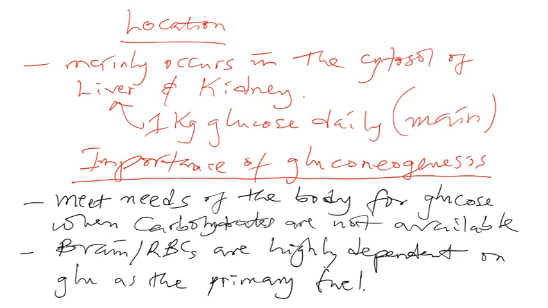So it's very important for the cell to get the glucose because the brain and also the red blood cells, which are deficient of the mitochondria, can access the glucose and produce energy via glycolysis.